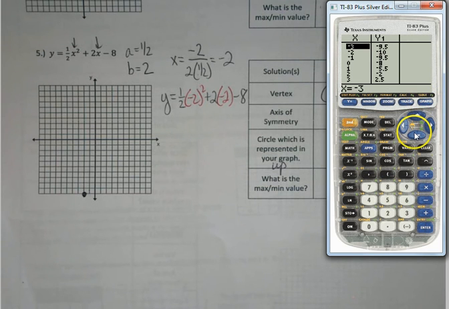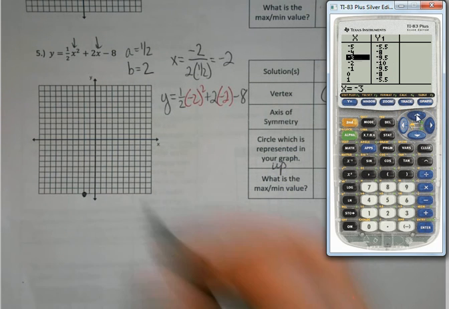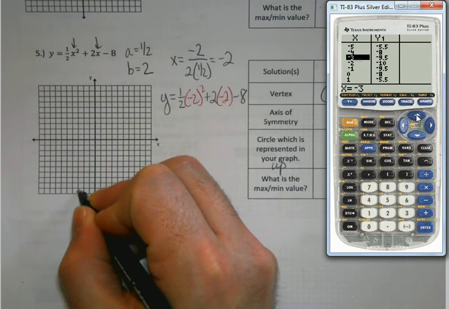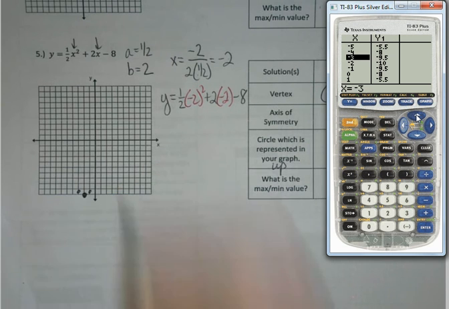So now, my vertex was at negative 2, negative 10. Notice all the decimals, but they're all symmetrical, so we'll use them. So, okay, here is my center. So at -3, I'm at -9.5. Same thing at -1.